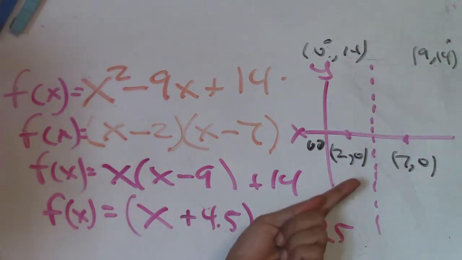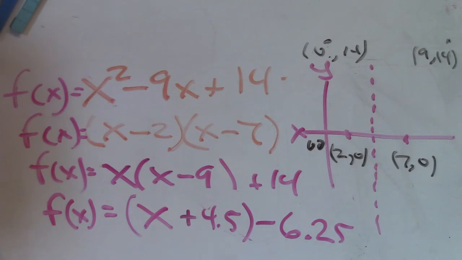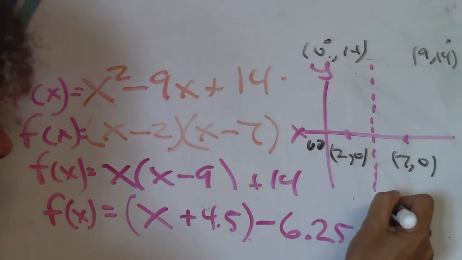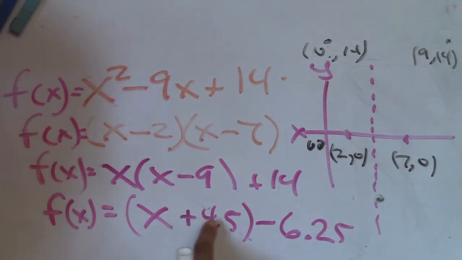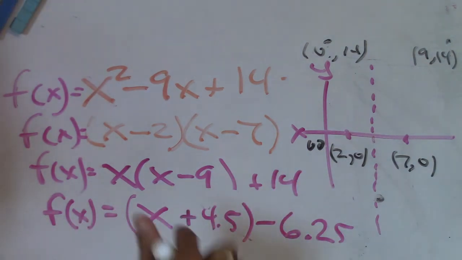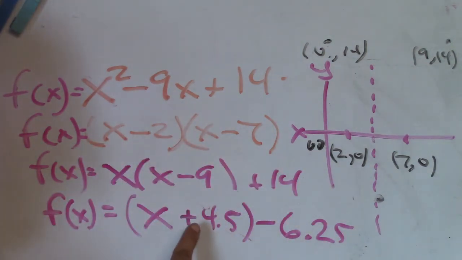And then finally, my vertex that we got correct is 4.5 negative, right? Because it's the opposite of this. But it's 4.5 positive. Let me say it right. When my vertex is 0, when I make this 0, it's negative 4.5 plus 4.5, right?